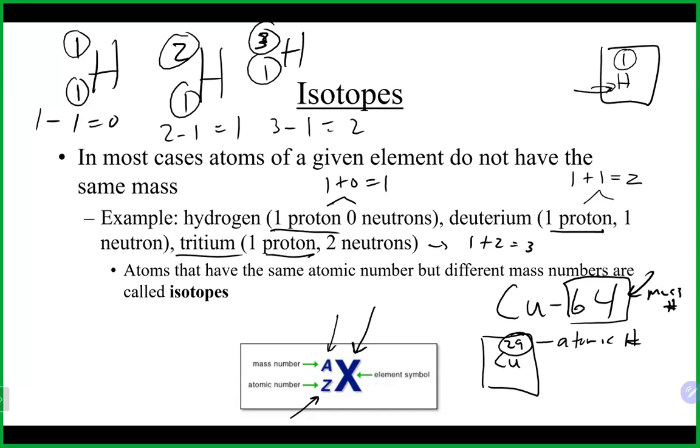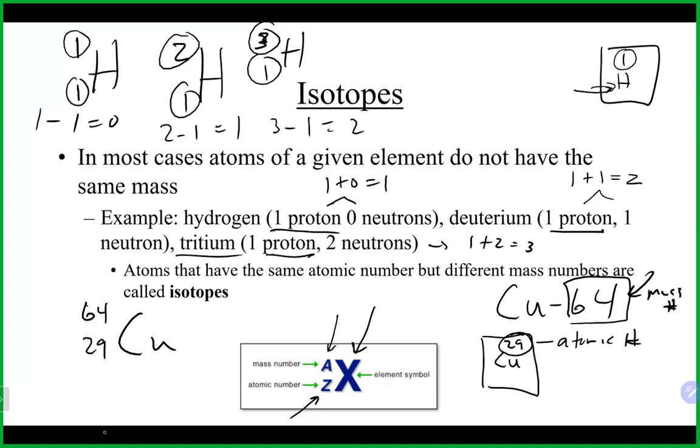And that's a very common way isotopes are written: symbol, dash, a number, and that number is the mass number. If we wrote this copper the other way, we would put 64 up on top and 29 on the bottom.